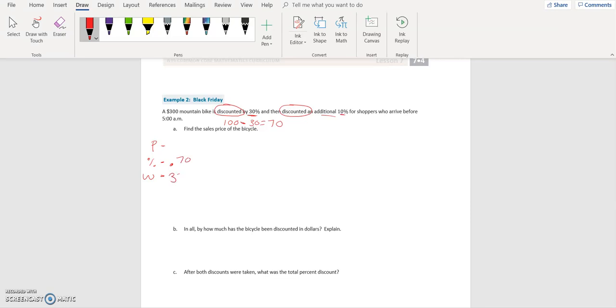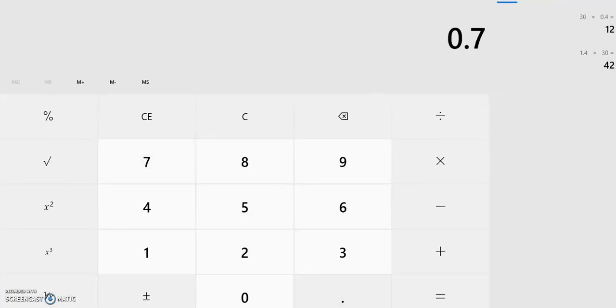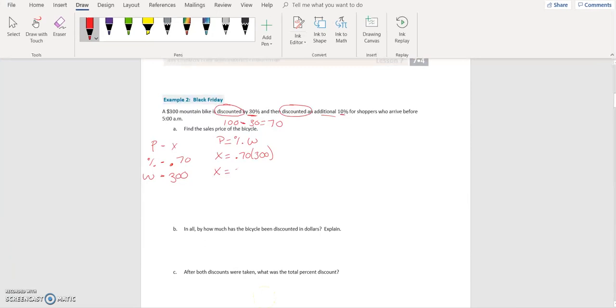Our whole, or our original, was 300. Our part is what we're looking for. Part is equal to percent times whole. X is equal to 0.70 times 300, which gives me 210. So if I don't get there before 5 a.m., I'm paying $210.